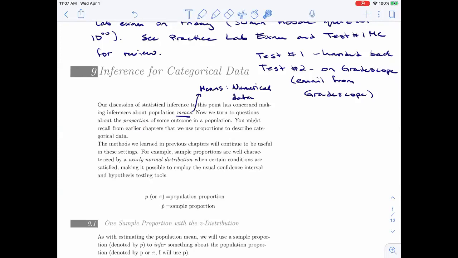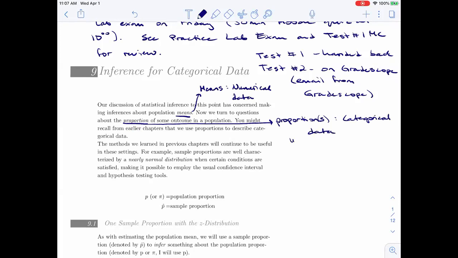We've talked about proportions as if they're probabilities, and they are, but now proportions potentially are from categorical data.